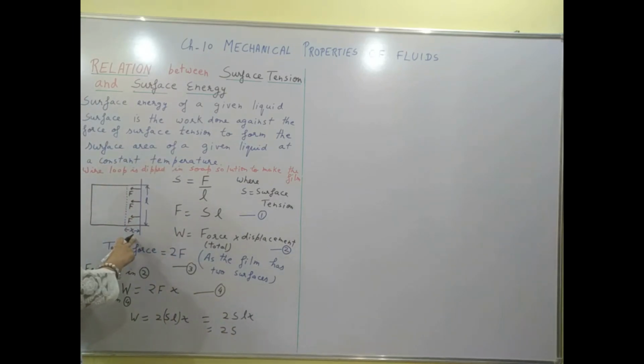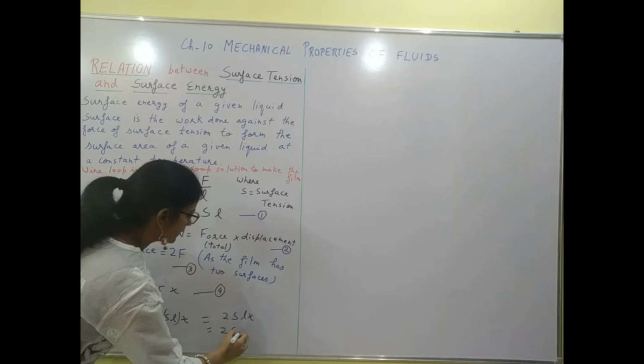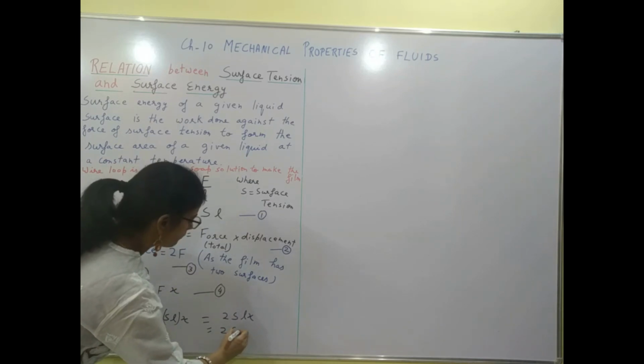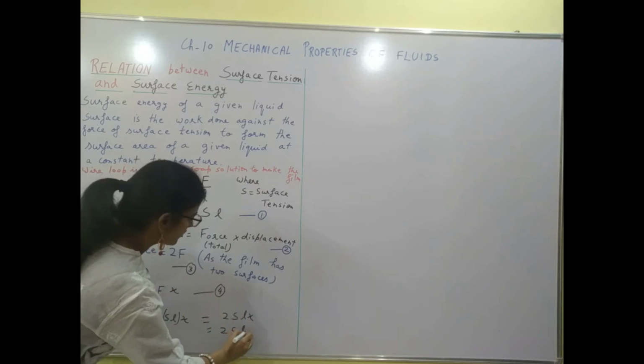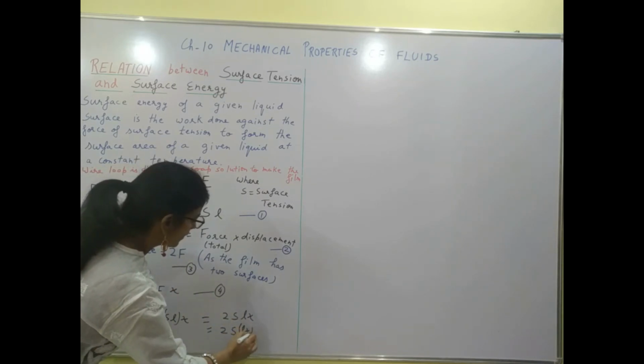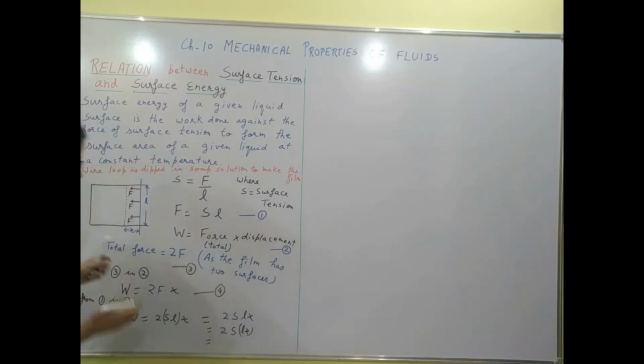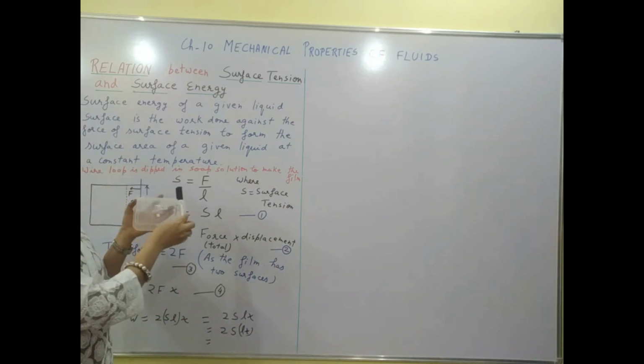And lx is l into x. This is a rectangle, so this will be the surface area of one side. If I want to write the total surface area change, I'll have to write this 2 with lx. Suppose this wire loop is like this and this is a movable arm.